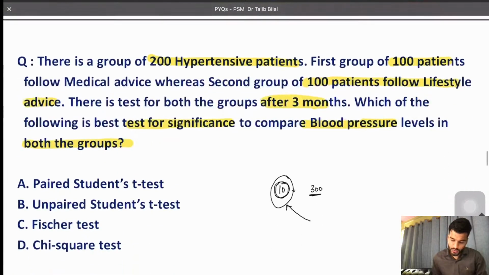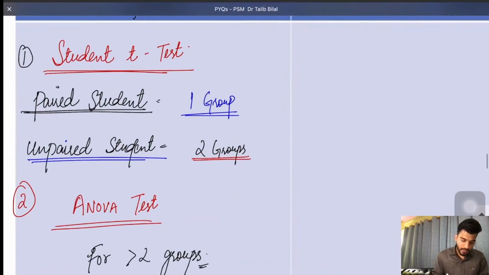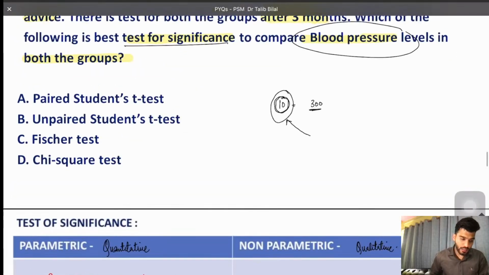So let's discuss this question. The best test of significance for the blood pressure. Blood pressure is quantitative or qualitative data? Write down in the comment section. It will be quantitative data that can be measured. So which of the following tests will be done: paired, unpaired, or ANOVA test?